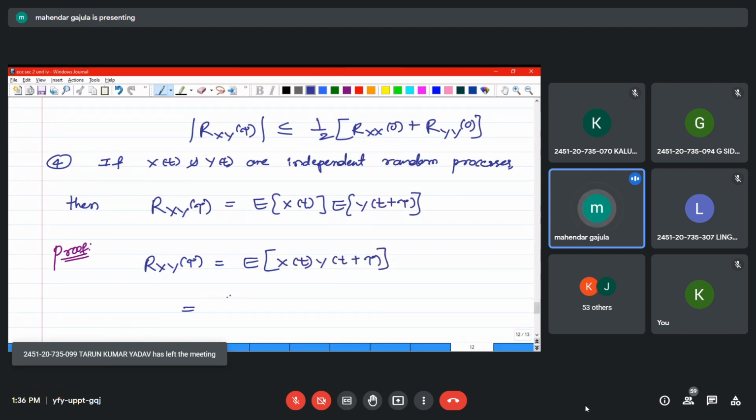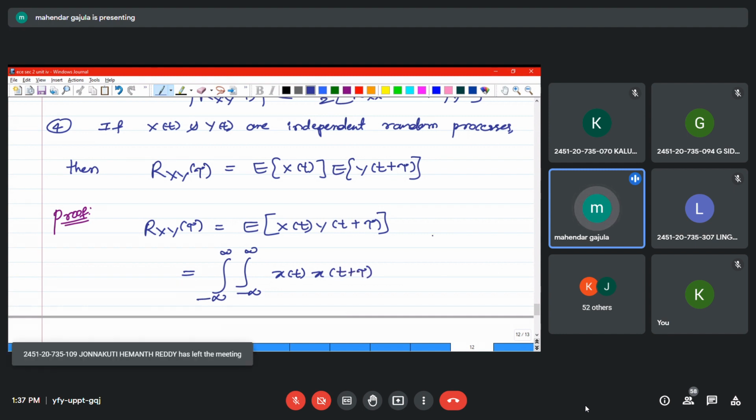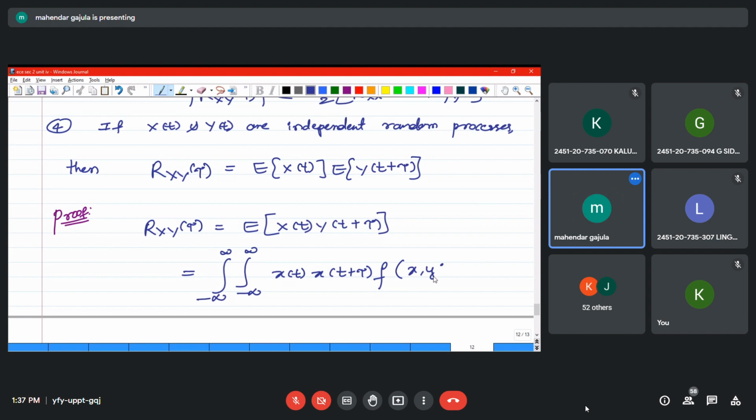Let us write this in terms of integration, with limits from minus infinity to plus infinity, of x(t) y(t plus tau), and here we have to write the second order density function f(x, y; t, t plus tau), dx dy.